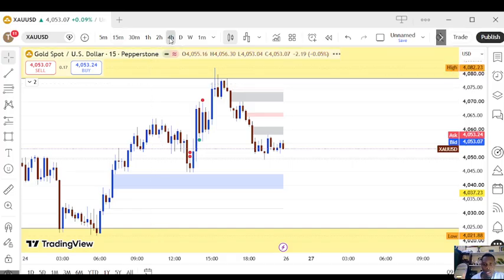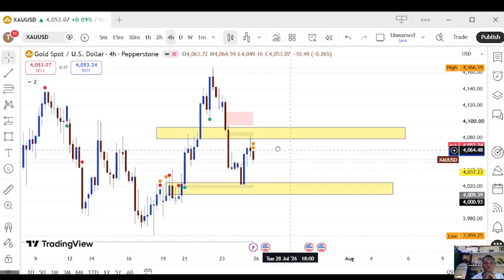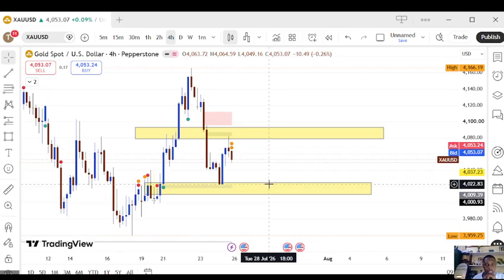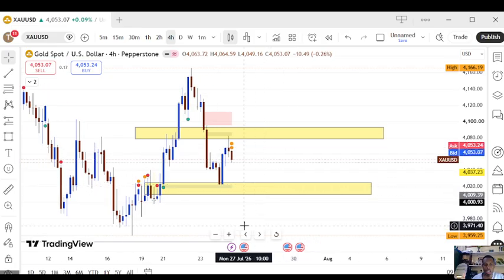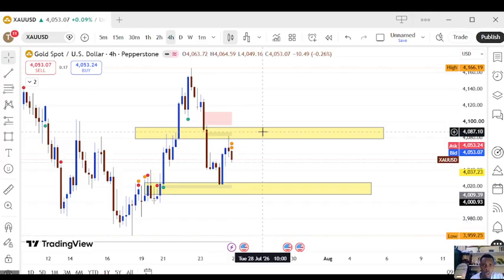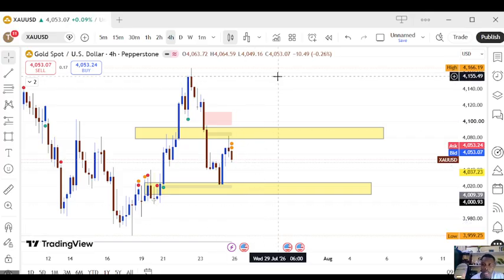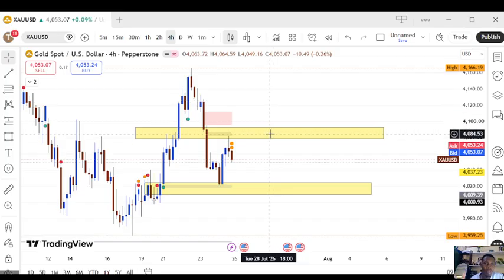When we go back up, these are the zones we are looking at. Not this side down, like 3,970 something, not yet. And right now we are not looking up this side, at 4,150 something. We only look at these nearby zones.